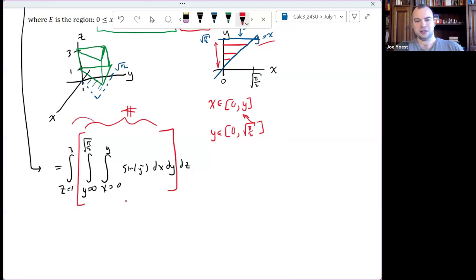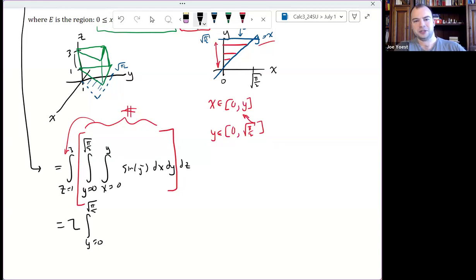So it can actually all come outside of my z integral, leaving me with just the stuff in red times the integral z equals 1 to 3 dz, but that is just 2, right? So this is 2 times the integral y equals 0 to root pi over 2.